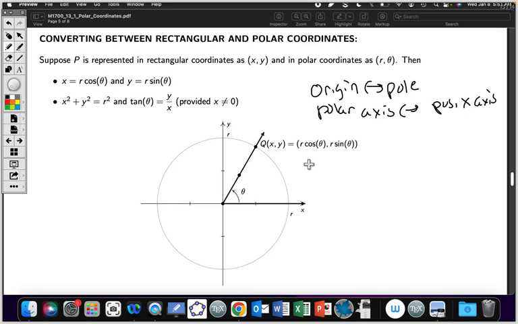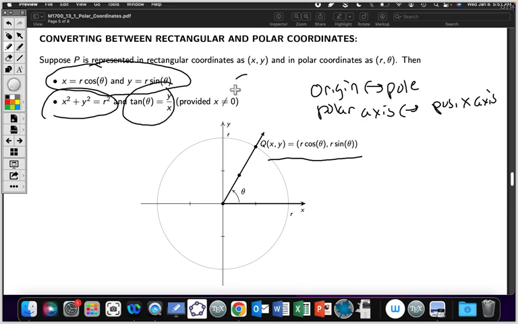Then we know from, I guess it was section 10.2, all the way back to 10.2, that x is r cosine theta and y is r sine theta. x squared plus y squared is r squared, and the tangent of theta is y over x, provided x isn't 0. And if x is 0, then we're living on the y-axis, and we know what these thetas are. These are like the pi over 2's. Okay.